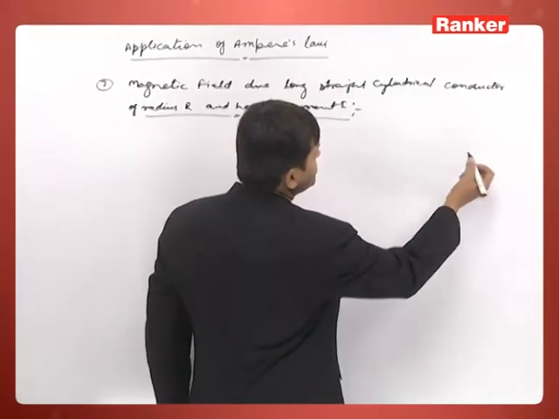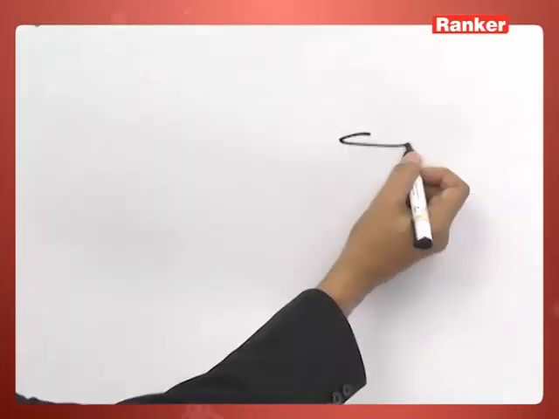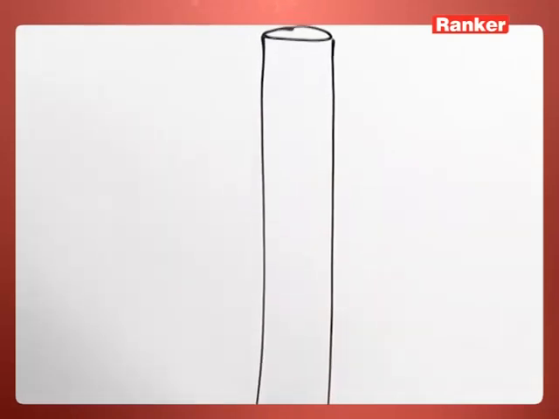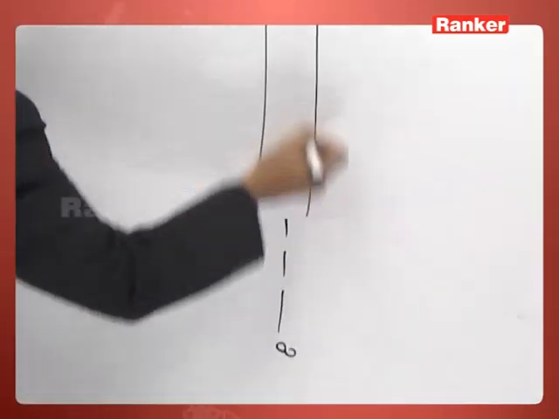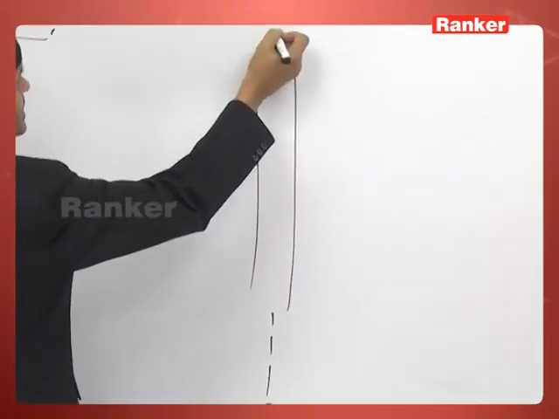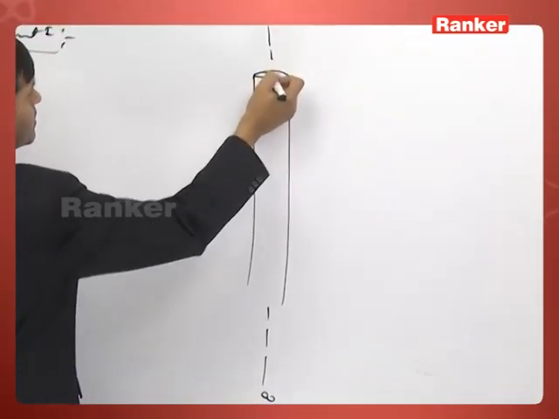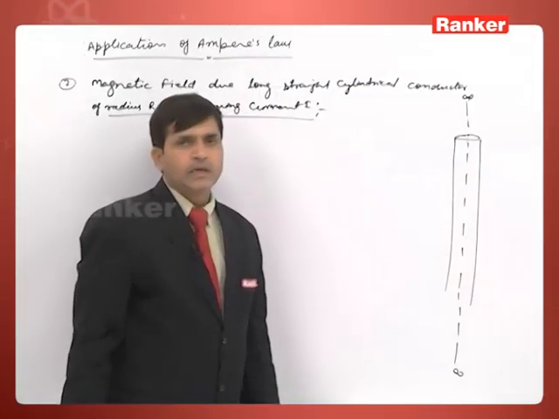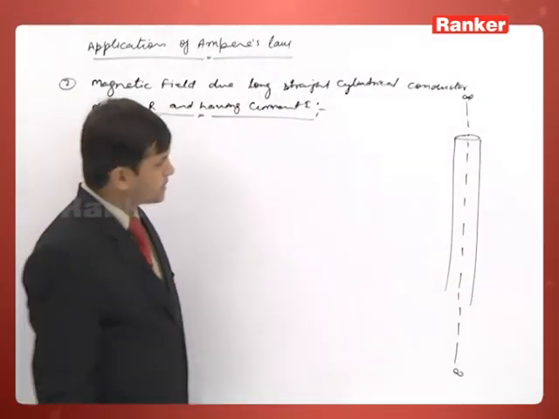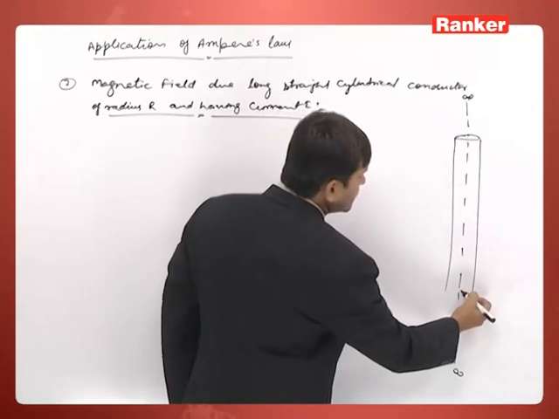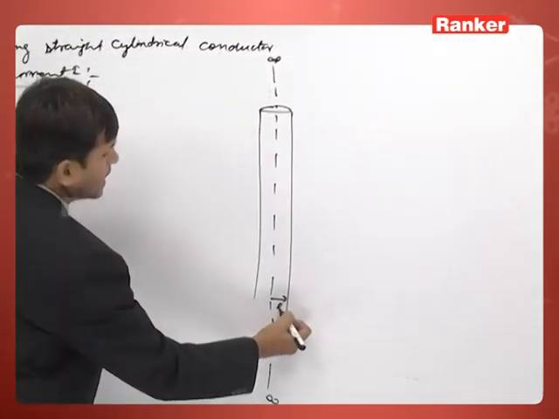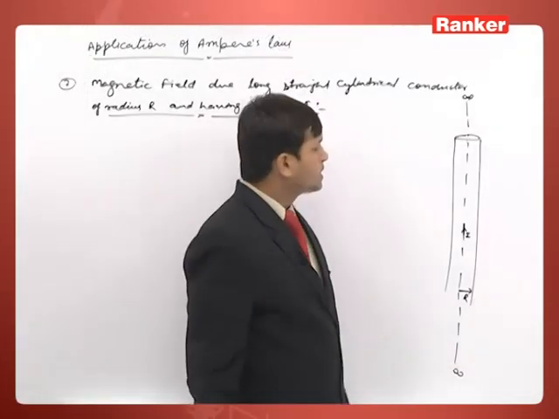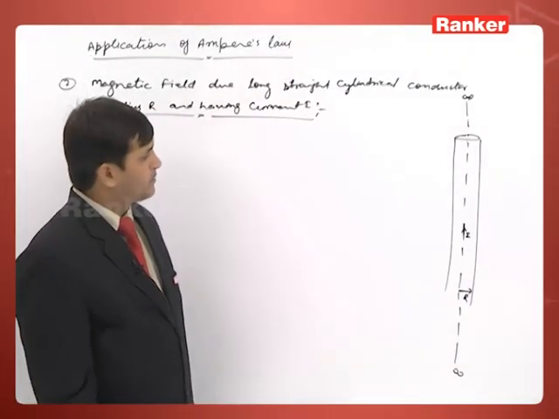It means this is our cylindrical conductor and it extends up to infinity. This is a long cylindrical conductor of infinite length, its radius is R and the current is I. Due to this we want to find the magnetic field.